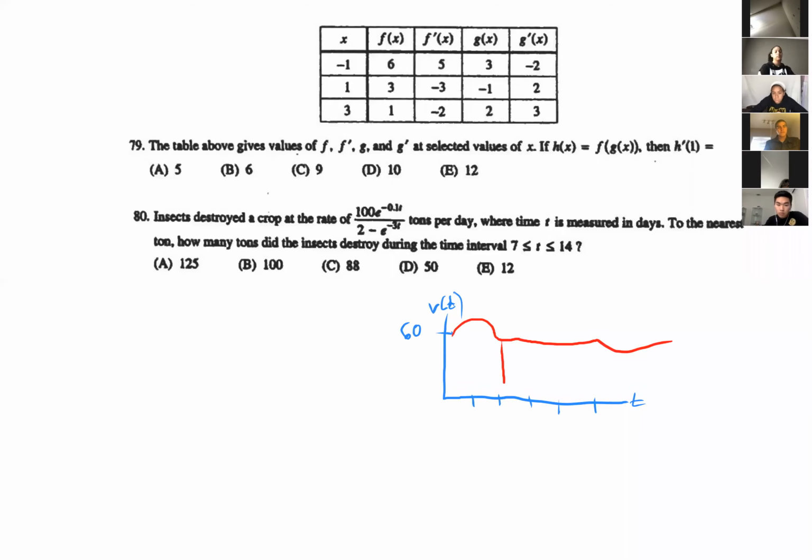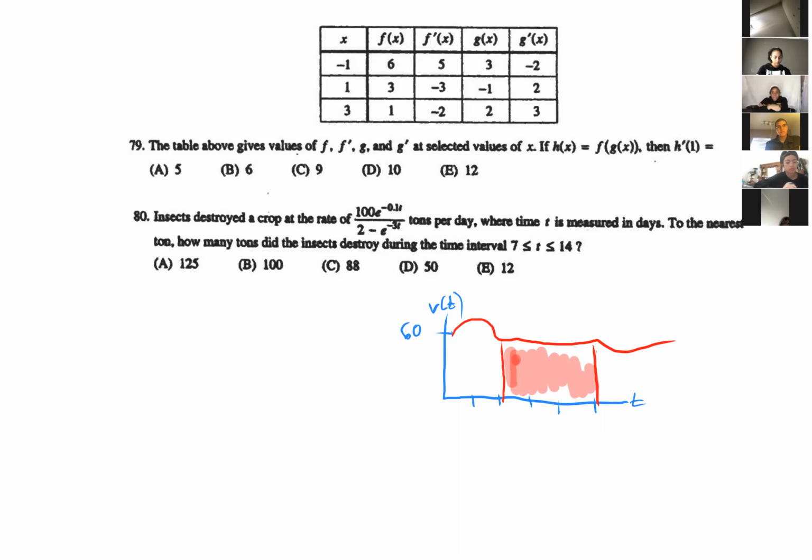So from hour 2 to hour 5, at 60 miles an hour, how many miles did you travel? The total distance? 180. Good, 180.